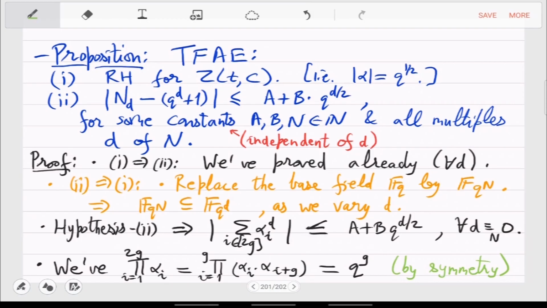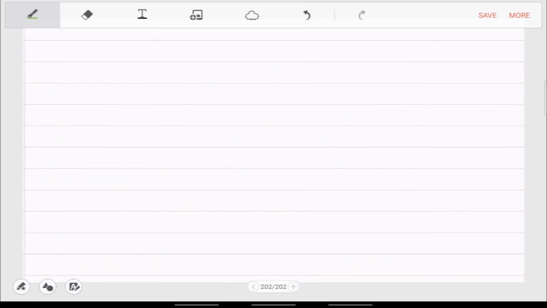So alphas are not arbitrary. Their product is actually q raised to g, which means that if we show that for each of them the norm is less than or equal to square root q, then we'll be done.